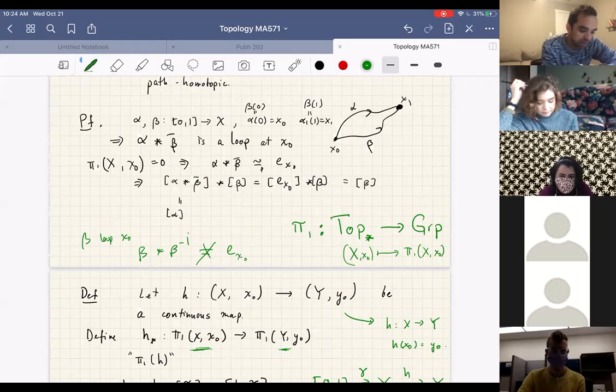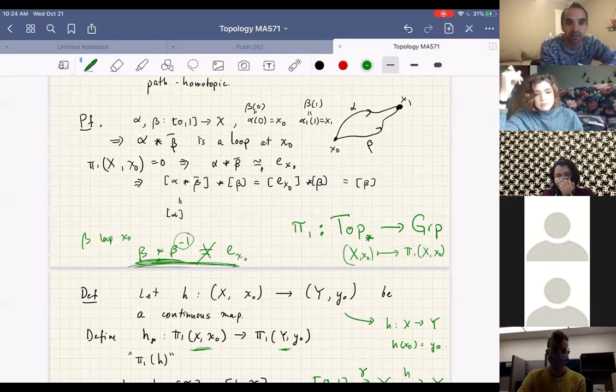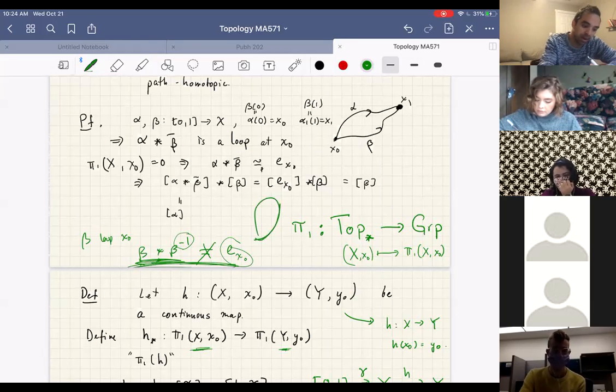If we wrote it in this way, it would kind of suggest a strict inverse, that this is equal to the constant loop if I multiply them like that. But that's not true. If I do a loop and I go back, that's not exactly a constant loop.